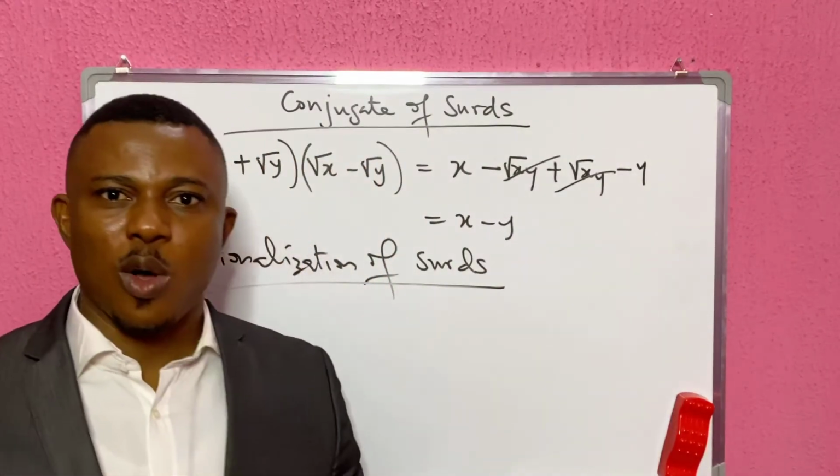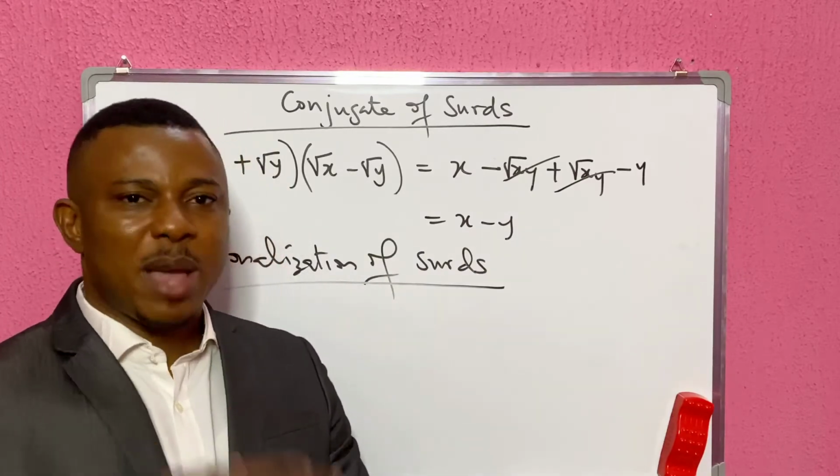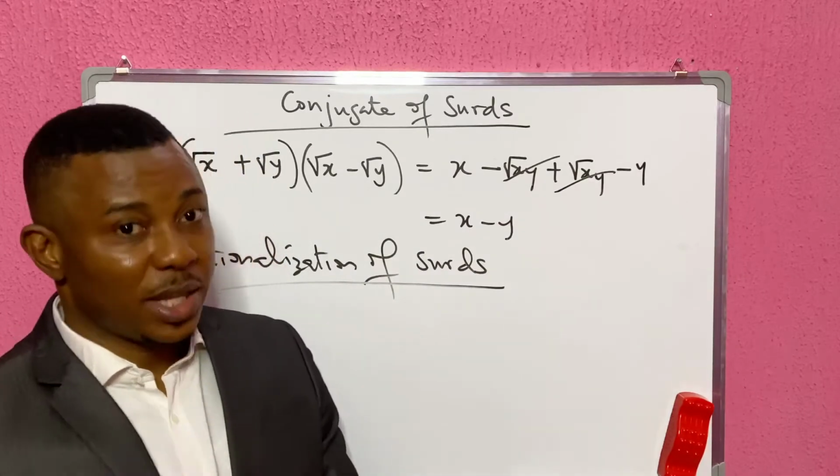That is called rationalization. The way you handle this surd to make sure that you have a rational denominator.